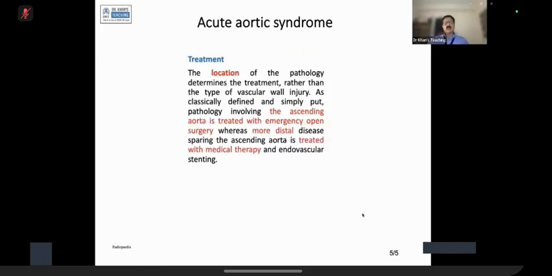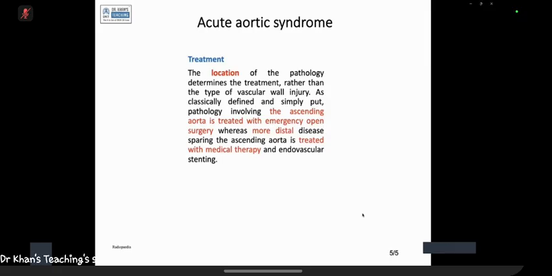Treatment is, like your dissection, you remember the Stanford classification. Type A is ascending aorta, type B is distal to the subclavian. The consensus is that ascending aorta is considered an emergency and usually surgical, while descending, the definition being distal to the subclavian, is usually medical treatment.